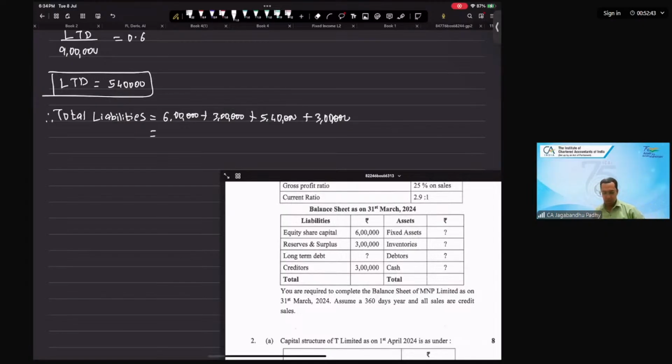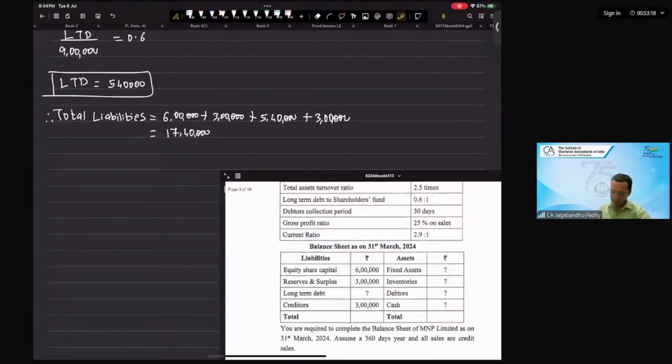So the total of all liabilities works out to be 17 lakh 40,000.